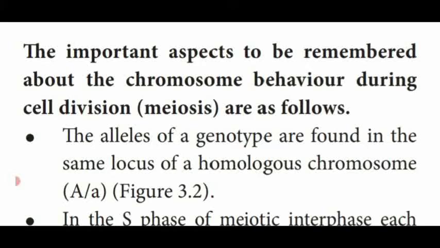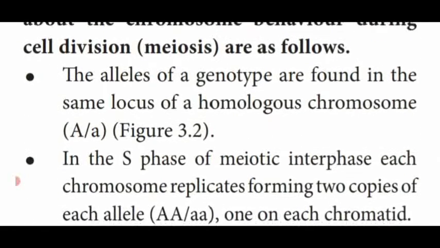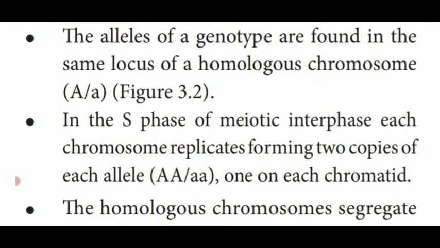That means two sets of chromosomes, paired chromosomes, are named homologous chromosomes. The alleles of the genes are found at the same locus of a paired chromosome. The alleles are denoted as dominant capital A and recessive small a.